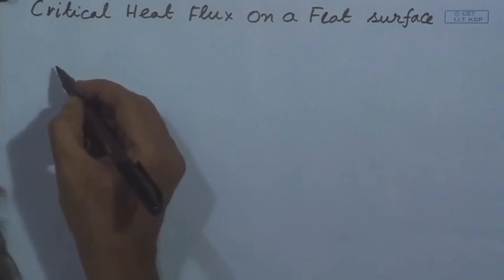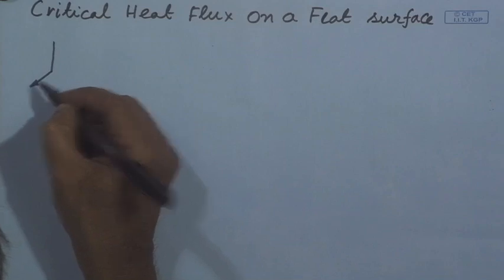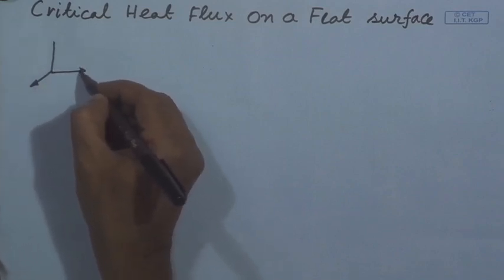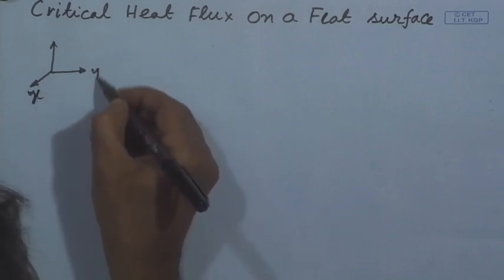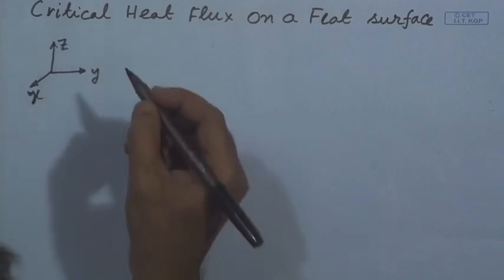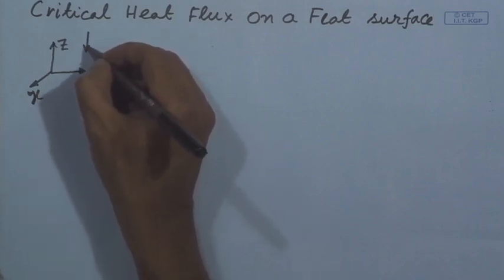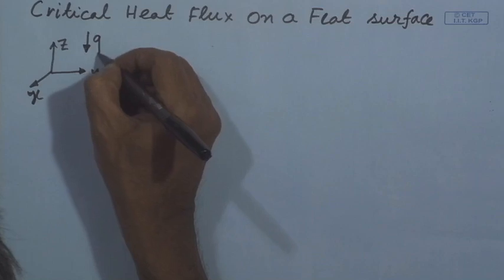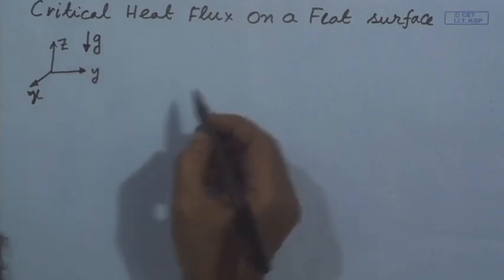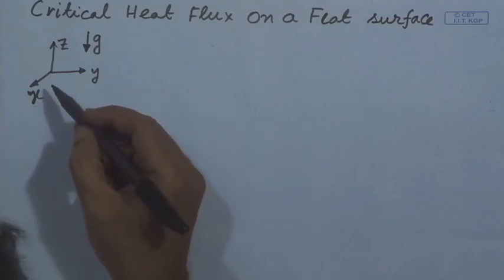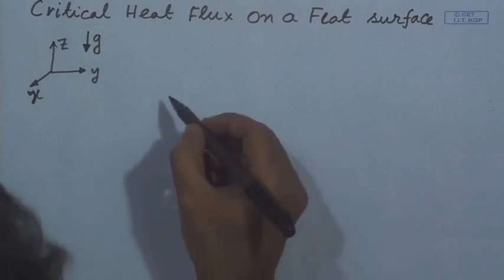We assume that if a Cartesian coordinate system x, y, z is present, where the Earth's gravitational field g acts in the opposite direction of z, then the flat surface is extended up to infinity both in the x direction and in the y direction.